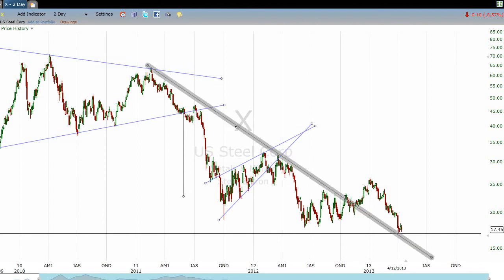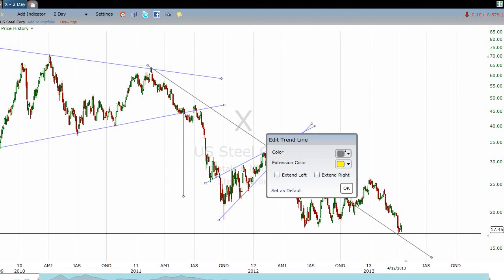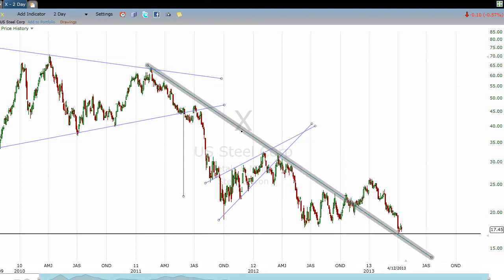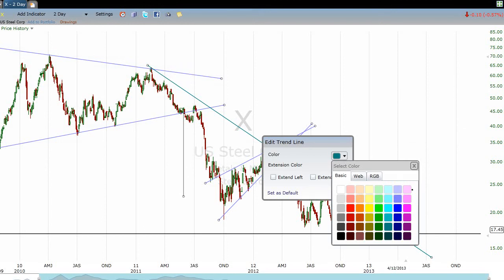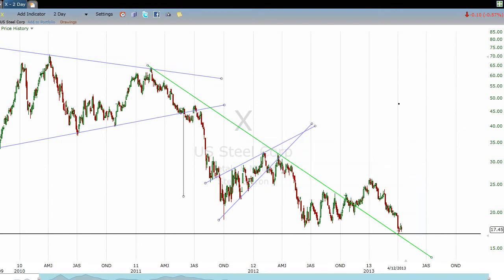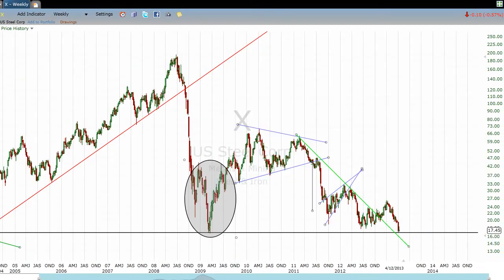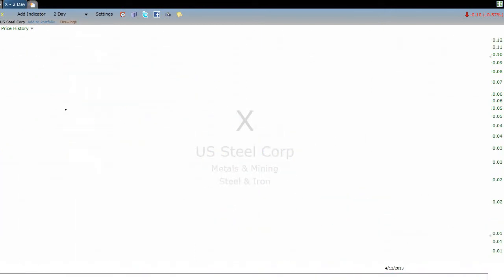So now I'm going to say, well, here's one piece of evidence, let's make that green, that could be pointing that U.S. Steel is in the process of turning around and potentially forming a bottom here. But that's when we're looking at a smaller scale, when we're looking at a 2-day chart.